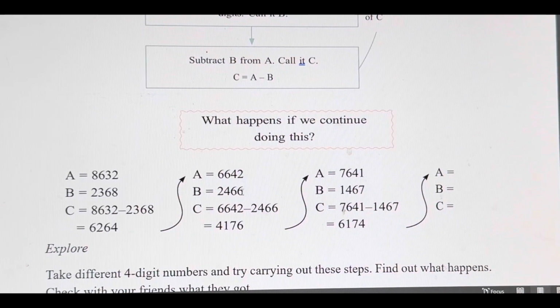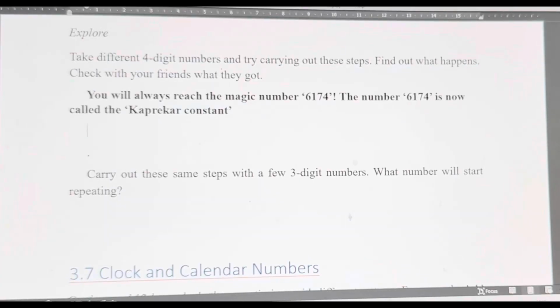Smallest would be 2466. Find out the difference. So the difference is 4176. Now again make the largest out of it, 7641 minus 1467. So you get 6174. So here they have asked us to take a 4-digit number and try carrying out the same steps and let us see what happens.